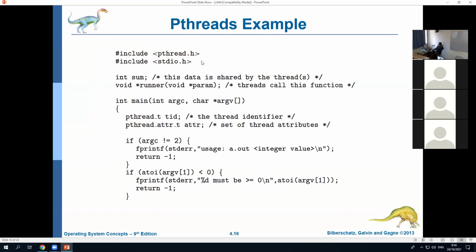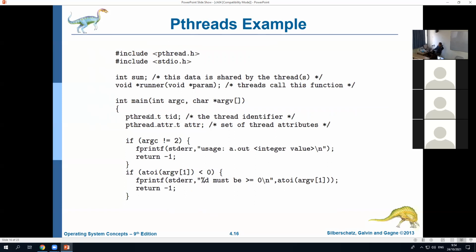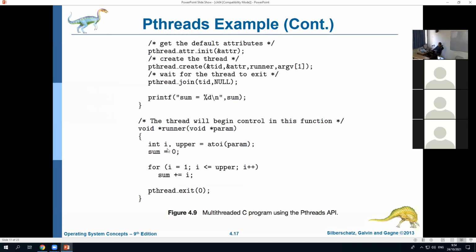Here's a piece of code where first your pthread TID is like your PID, your thread ID. Basically that's an integer. The key line here is pthread_create.